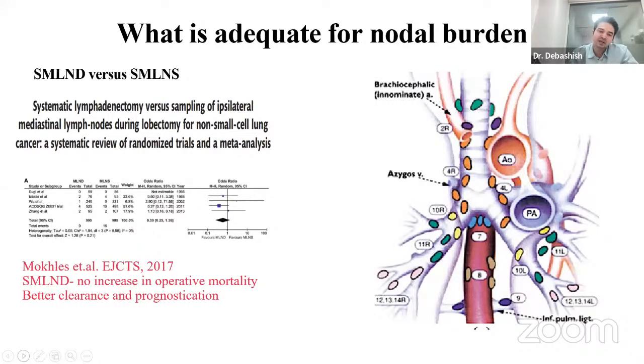However, for stage 1 lung cancer, I would say systematic lymph node sampling, and each station should be sampled with at least 2 lymph nodes. That kind of approach is found to be okay as compared to a lymph node dissection. But definitely the various lymph nodes should be sampled in a systematic manner. Next slide.